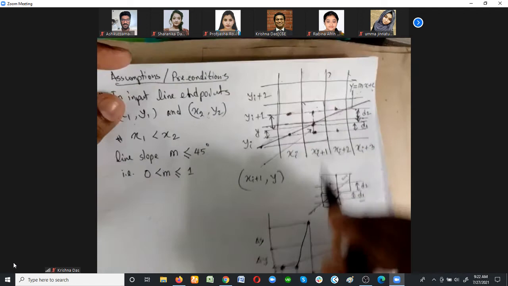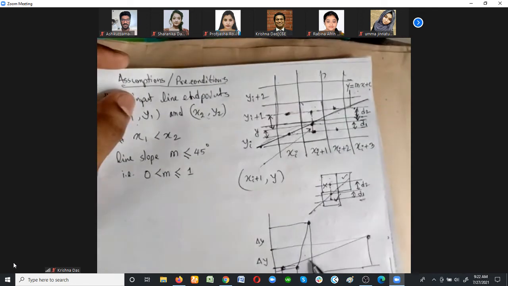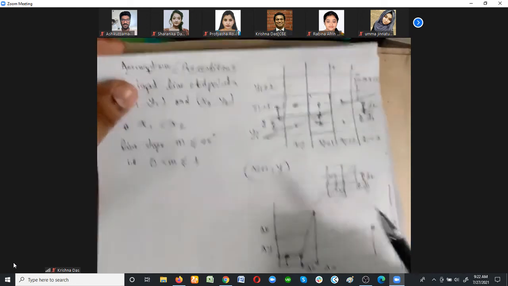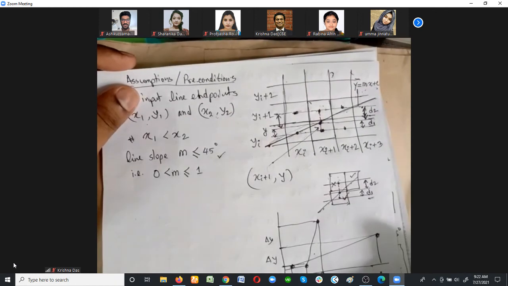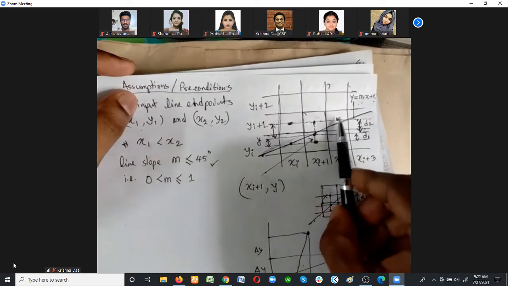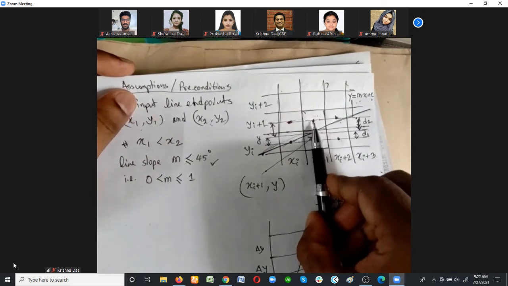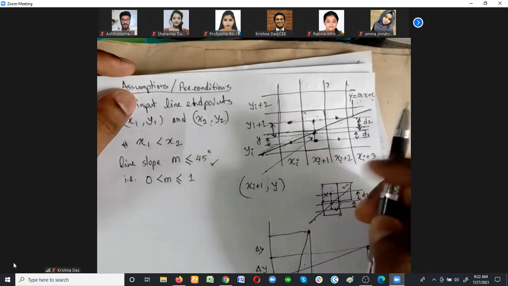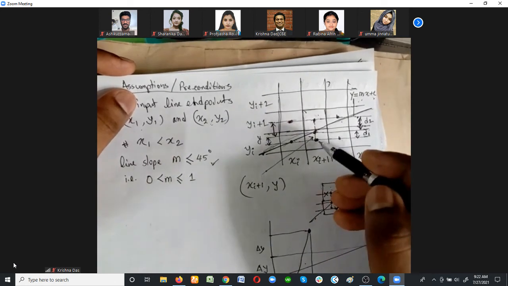Okay, so whenever we work on a pixel basis, when I have a line with slope less than or equal to 1, in every case I change my x coordinate, but my algorithm in some cases considers the same y coordinate as the previous one.